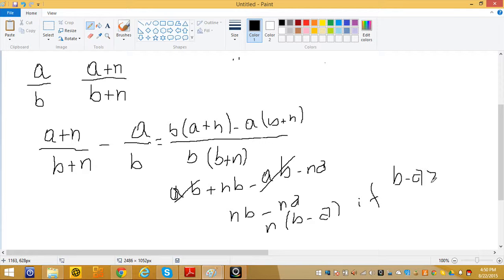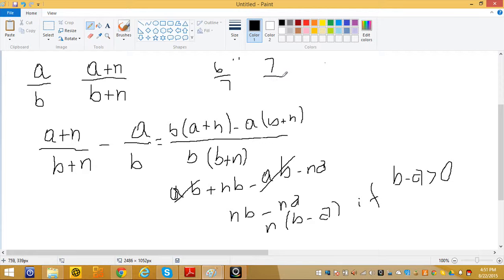If b minus a is greater than 0, a positive number, I'm pretty sure that every time I add the same whole number to the numerator and denominator, I'm going to end up with a new fraction greater than the previous fraction. Let's take an example. Let's say 6/7, and let's put 1. I put 1 in the numerator, that gives me 7.